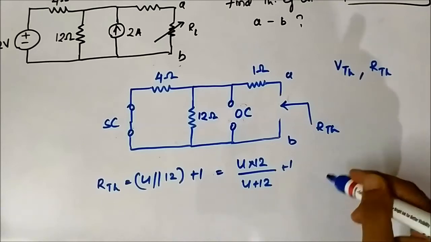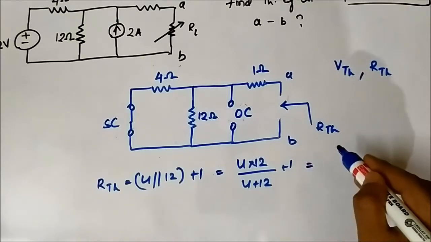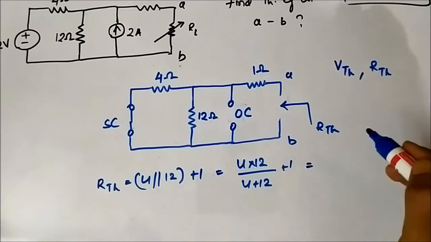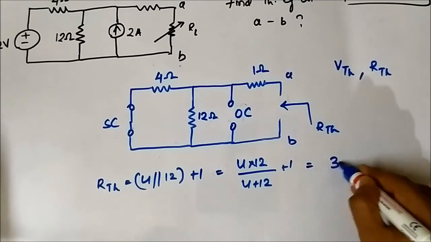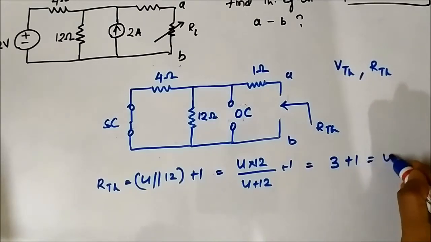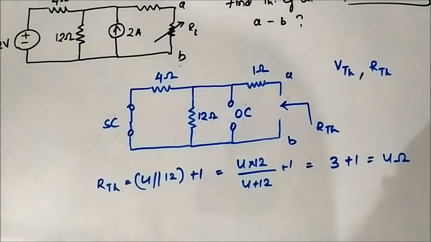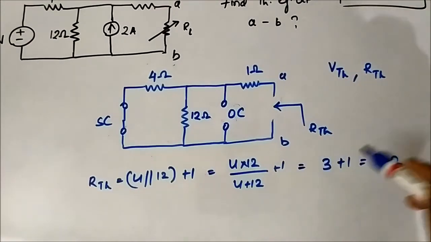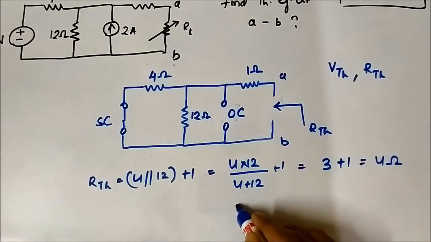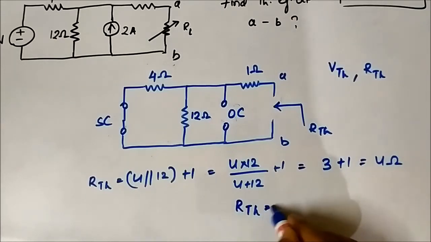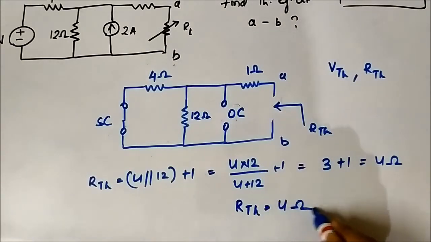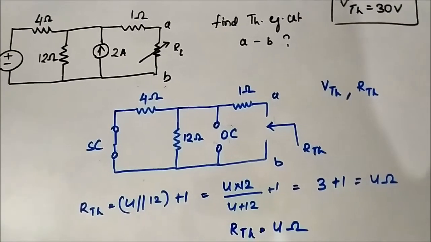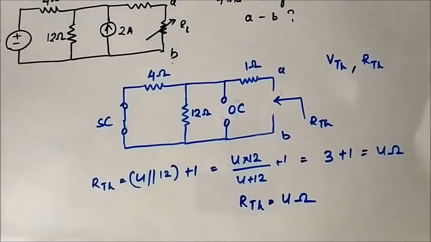This is 48 by 16, which is 3, plus 1. Okay, 12 into 4 is 48, by mistake I said 68. So 3 plus 1 is equal to 4 ohm. So RTH is equal to 4 ohm. So we have got both VTH and RTH. VTH is 30 volt, RTH is 4 ohm.